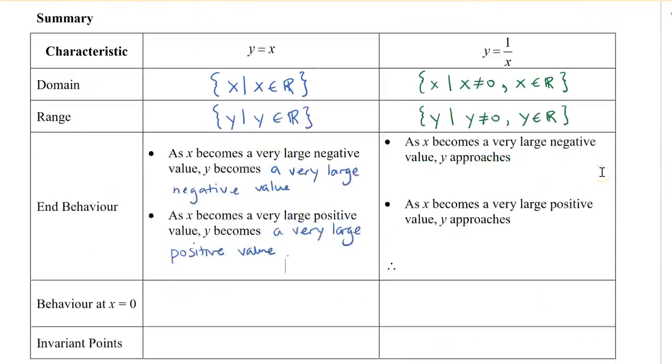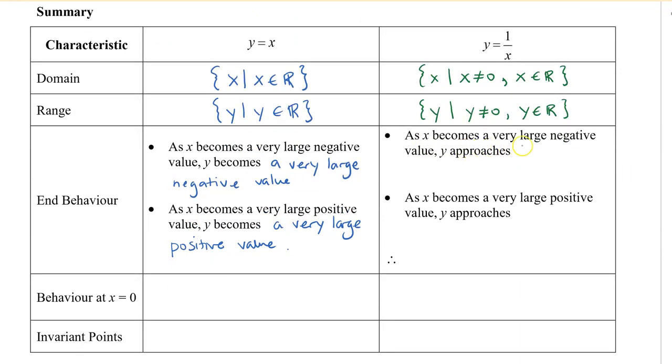So let's write that down. So as x becomes a very large negative value, y approaches 0 from below. As x becomes a very large positive value, y approaches 0 from above.